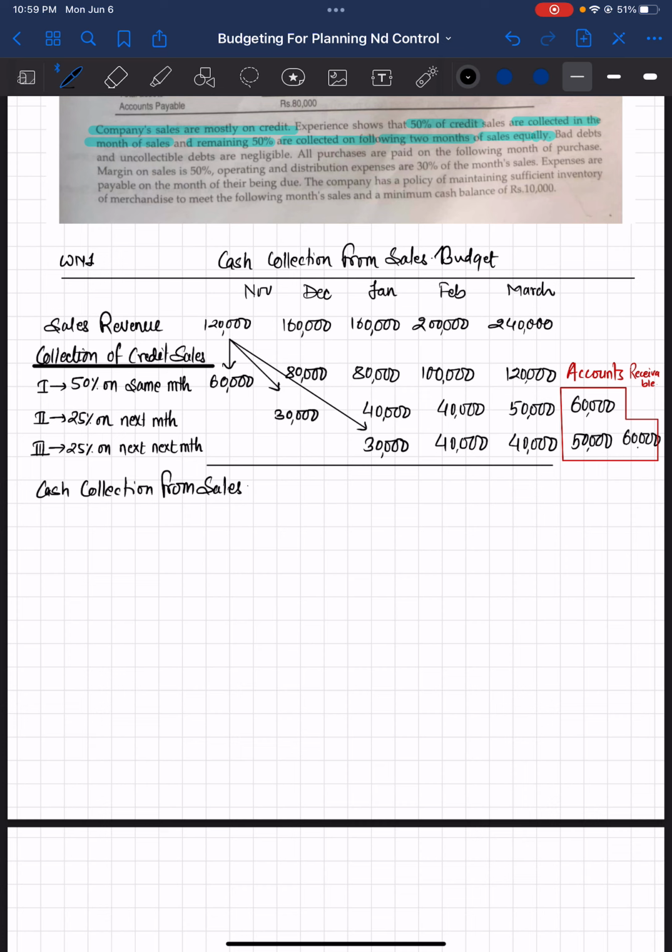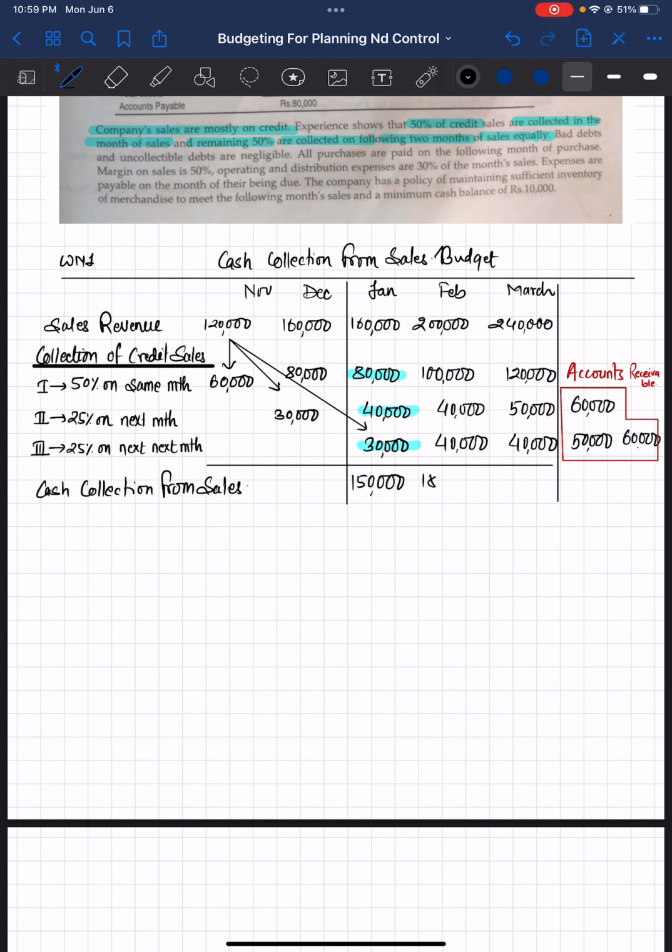Since we have the complete information only from the month of January, we'll make sure that we only add these figures here. So for the month of January, we have this amount, and this amount collected. If you add that up, that will be 80,000 plus 40,000 plus 30,000. So that's going to be 150,000.